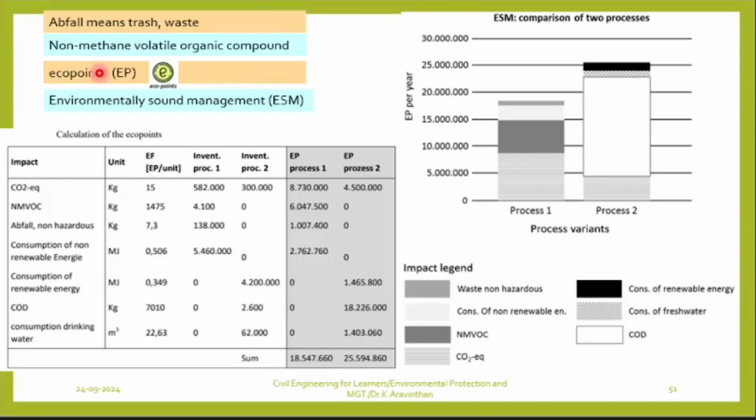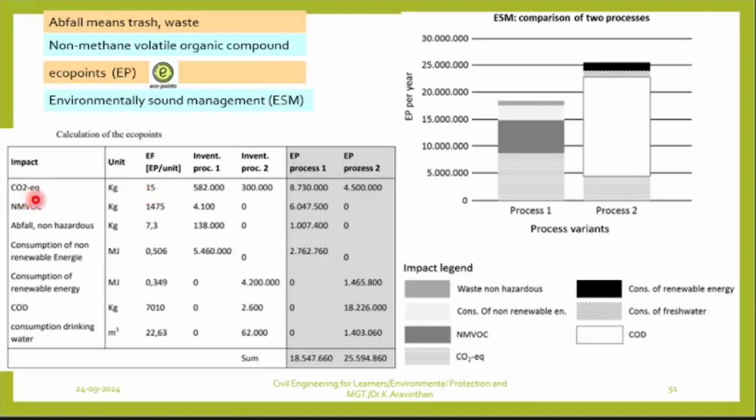Not only for people, even for organizations they have the EP system, the ecological point system, and they have ESM. What do you mean by ESM? Environmentally sound management process. By this process they check whether the organization is manufacturing any product with less consumption.